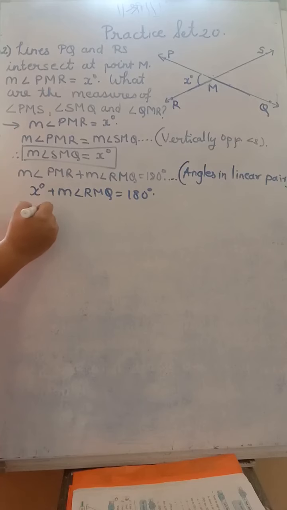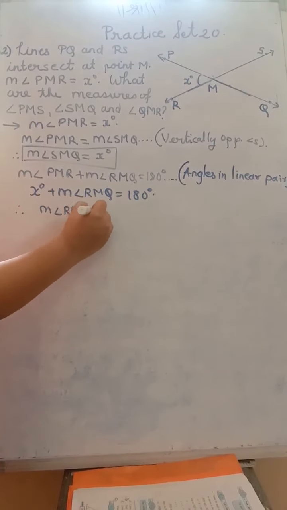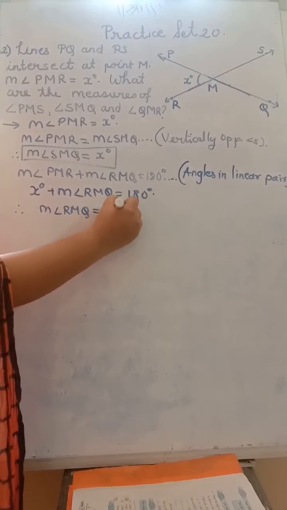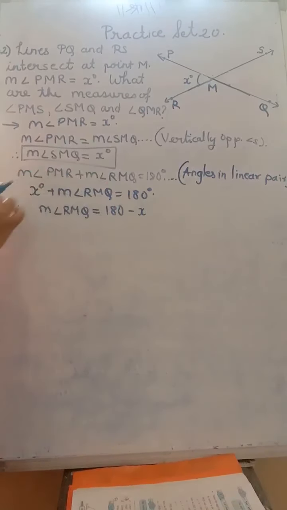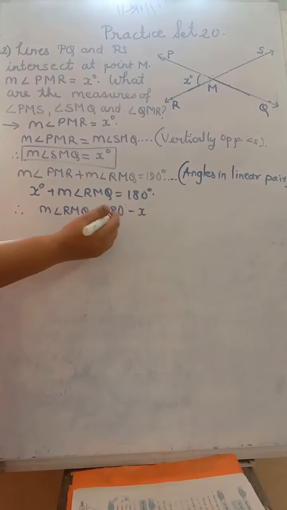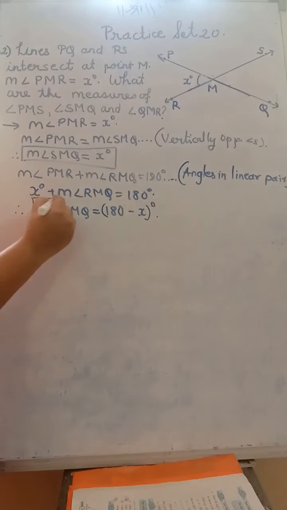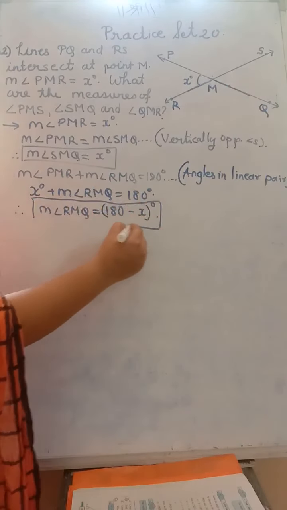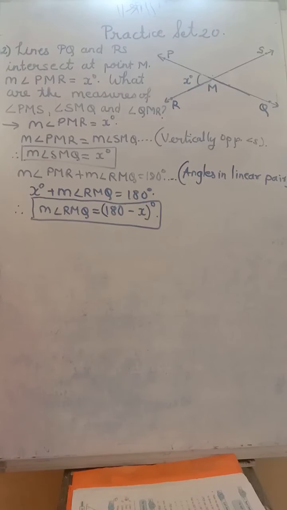That is, therefore measure angle RMQ is equals to 180 degree minus x. Yeah. Means, can we subtract alphabet from a number? No. Therefore, this value will remain as it is. So, what is the value of RMQ? The value of RMQ is 180 minus x degree.